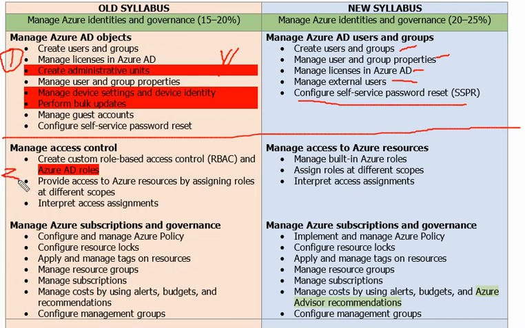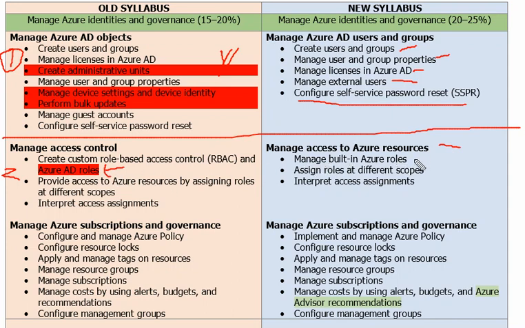Now the second one, which is manage access control. Manage access to Azure resources is changed to this one: create custom role-based access control (RBAC) and Azure AD roles. The Azure AD role part is now removed, which is why it is marked red, and the remaining is the same.